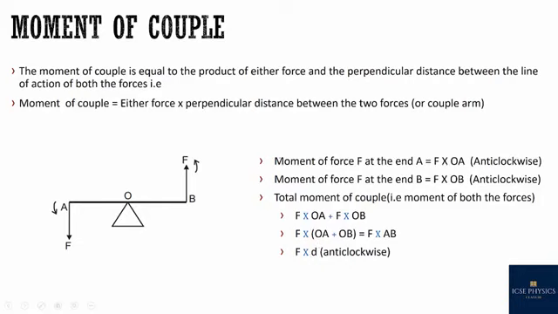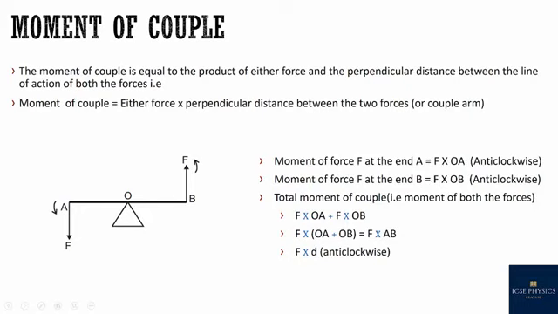Let's see this one. The moment of force at the point A will be how much? Force F into the distance from the axis to this. It is OA, right? We have written OA, and it is turning anti-clockwise. Similarly, the moment of force at point B will be F into OB, and that is also anti-clockwise.